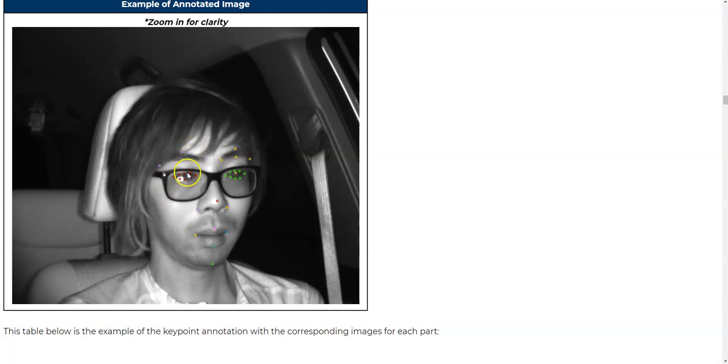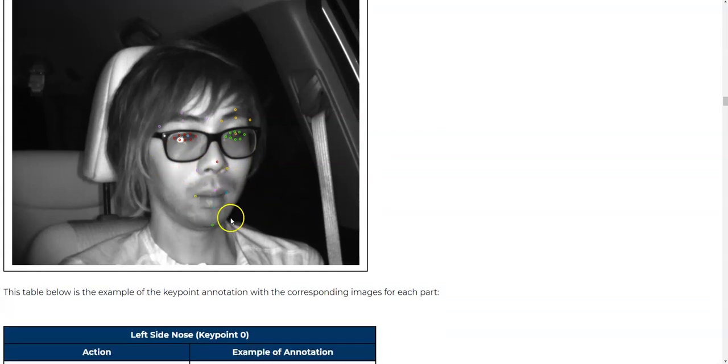For the eyes we have 9 key points: 8 on the outer layer, and the ninth is the eye pupil. At the nose, 3 key points altogether: tip of the nose, and left and right edges. At the mouth area, we have 4 key points: left, right, top, and bottom.